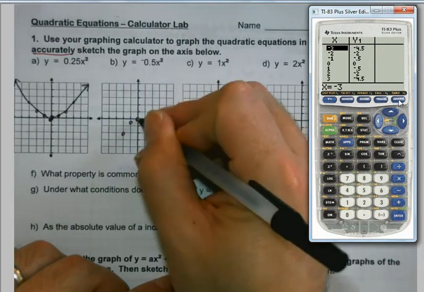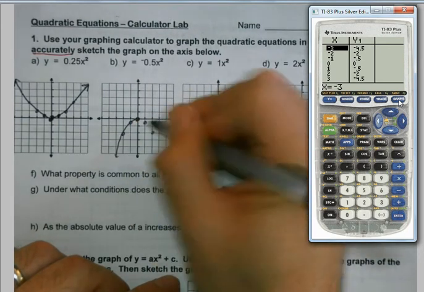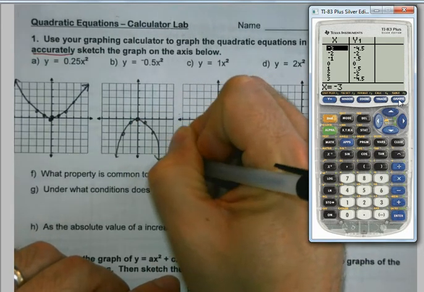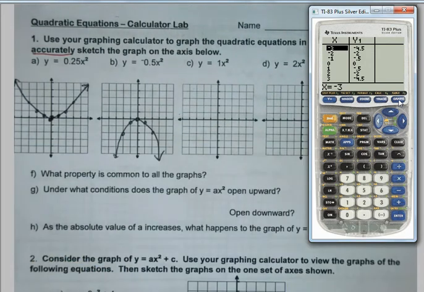But there is some benefit in being able to see the values that you're working with. And even if you just look at your own two sketches for graph A and graph B, you'll notice graph B isn't as wide, okay? It's not expanding as much as the first one did. And there's a reason for that. We'll be talking about that here in a bit.